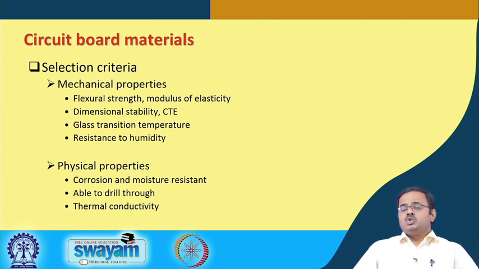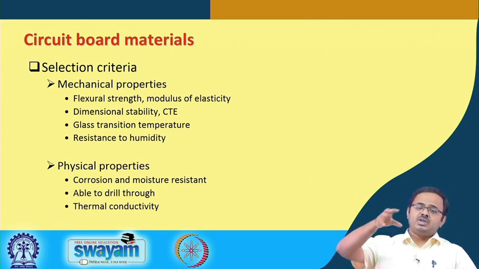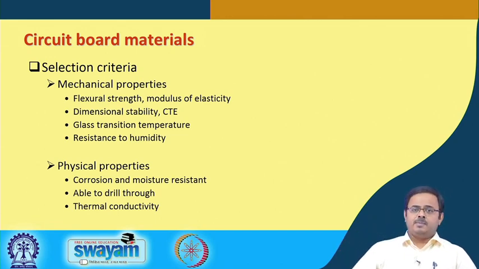So, if I now attach a substrate on the motherboard, the same consideration should be taken into account, because as you power on your product, due to flow of current and all, there will be localized heating which is going to increase the temperature and these materials are going to expand.